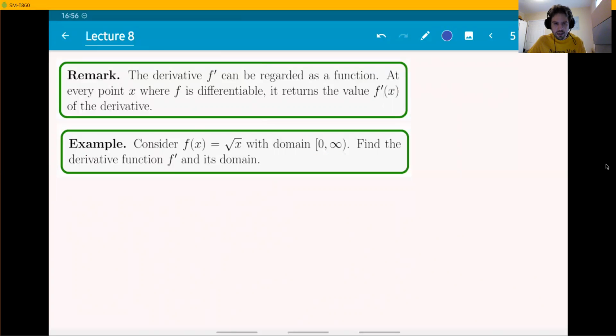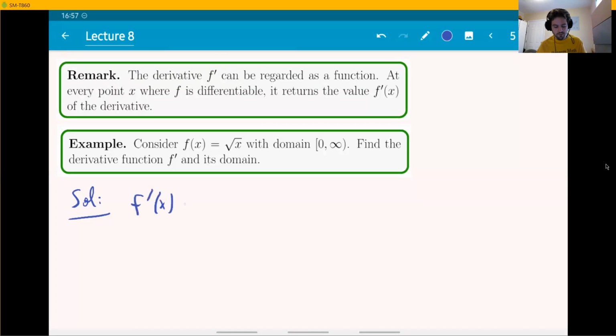In other words, they're telling us to compute f prime of x, where x is just a variable. We don't know what it is. It's different from the previous problem in that we don't have a number 2 in here. We just have a random x. But the calculation is the same. And in fact, you get to choose which one of the two limits you want to work with. Let's say, for example, the second one.